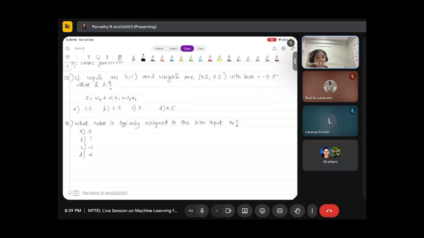No, that was an issue with the way I have written it. So W0 is the bias and the input is always X0.